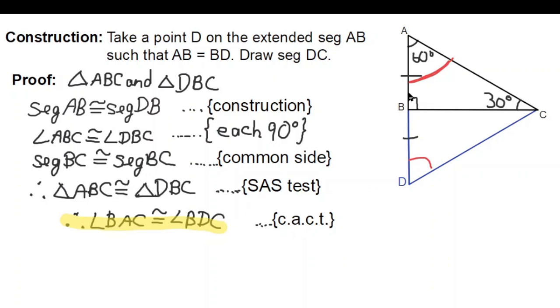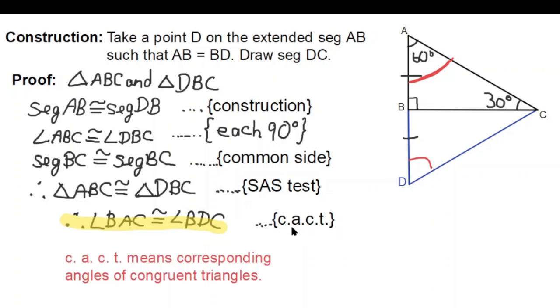So these two angles are corresponding angles. If two triangles are congruent, then the corresponding angles are also congruent. The full form of CACT is corresponding angles of congruent triangles. We can write it in short form also. This is the meaning.